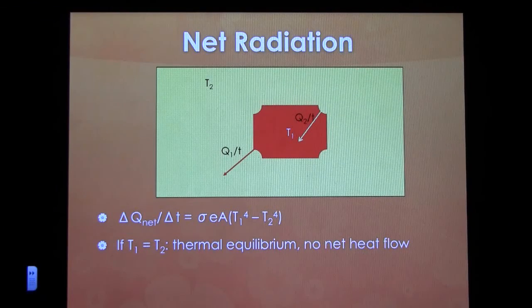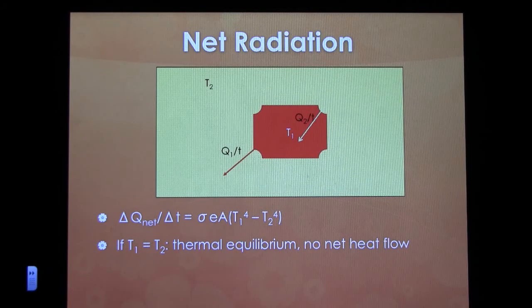So the net rate of radiation in this case will be 0. This means that the objects are in thermal equilibrium, and there is no net heat flow.